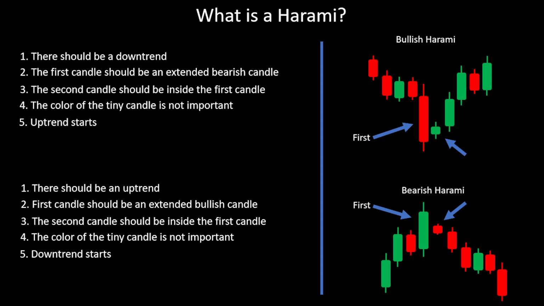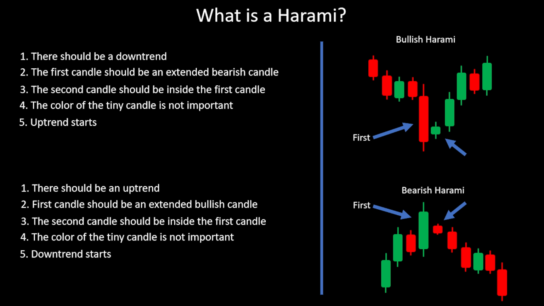Right after that candle, another candle comes to the game, which is a small, tiny candle which is completely inside the real body of that extended candle. The real body of this candle should be tiny. The total size of this candle should be tiny at the same time. So the best condition for it is a doji candle.